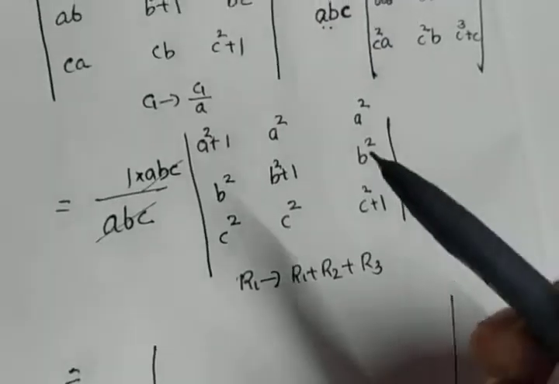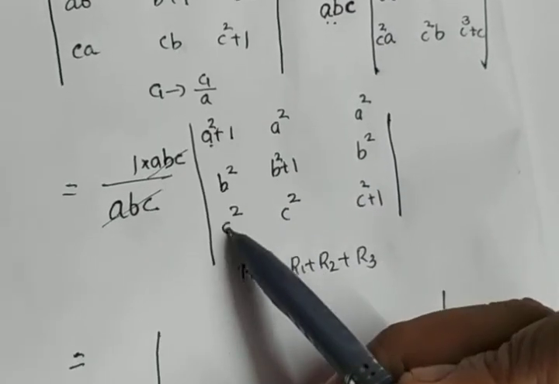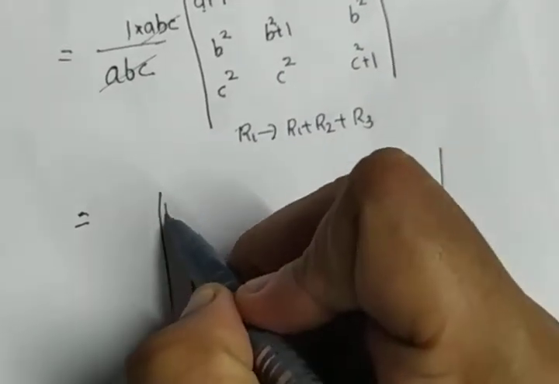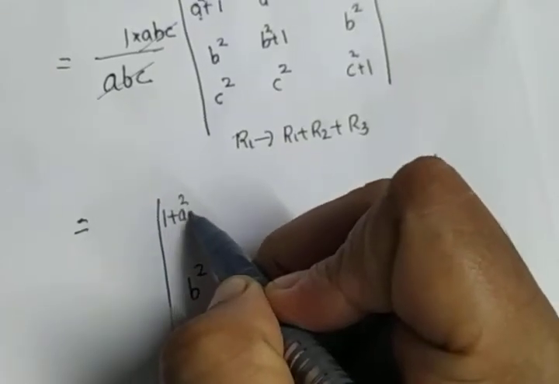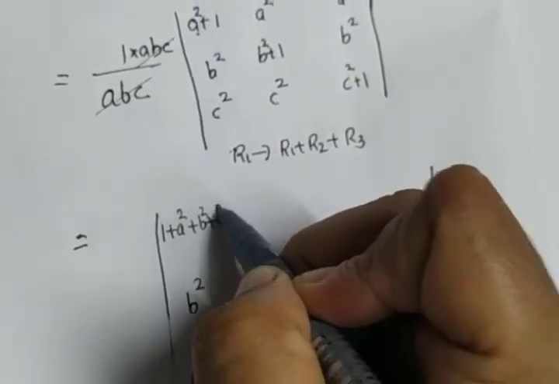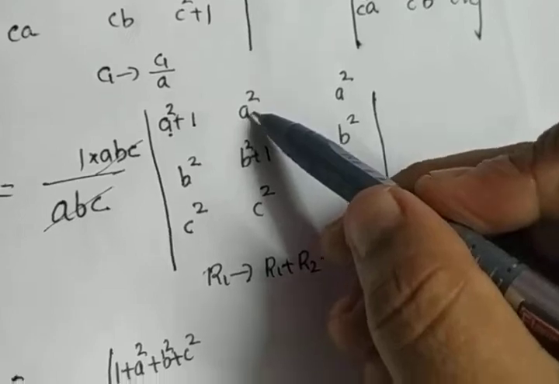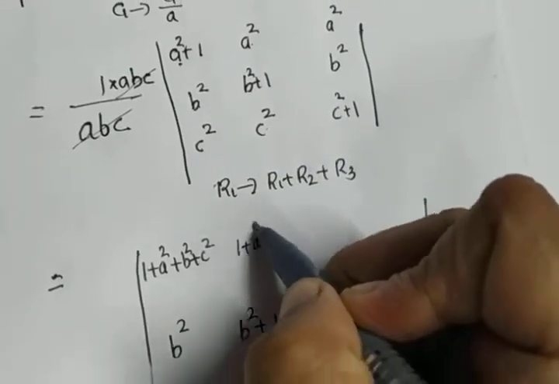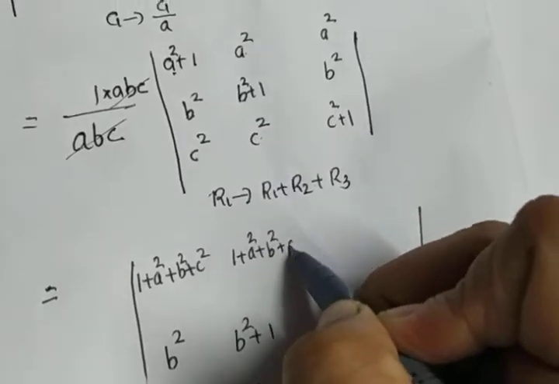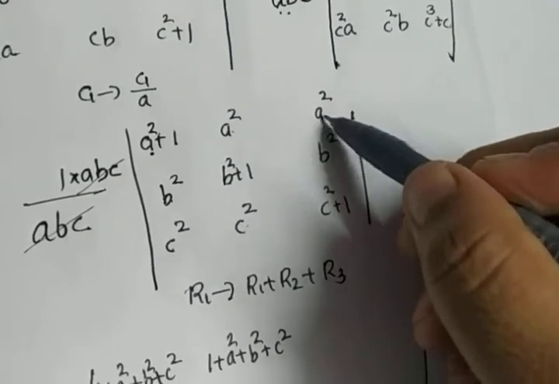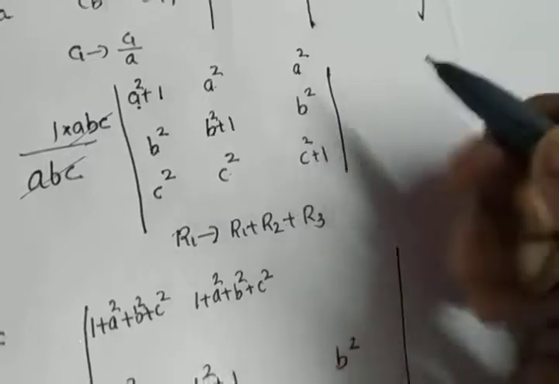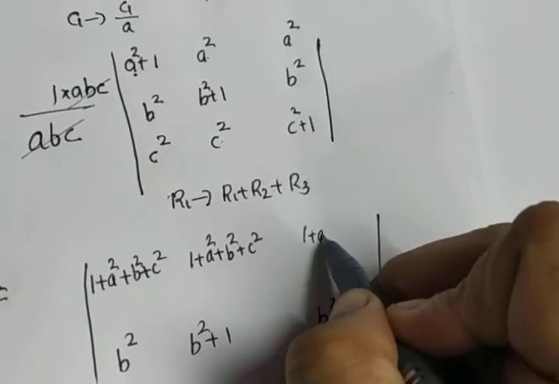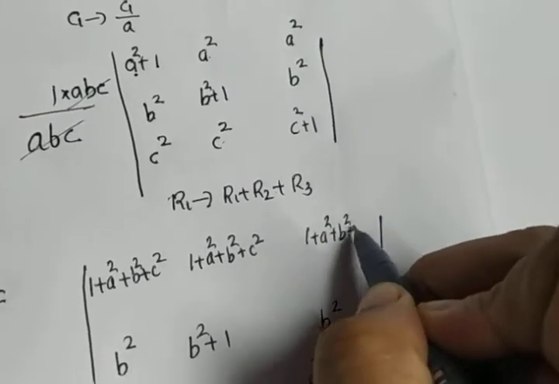What about the first row? a square plus 1 plus b square plus c square, which I can write as 1 plus a square plus b square plus c square. The next element, a square plus b square plus 1 plus c square, remains the same: 1 plus a square plus b square plus c square. The next is also a square plus b square plus c square plus 1, the same element.